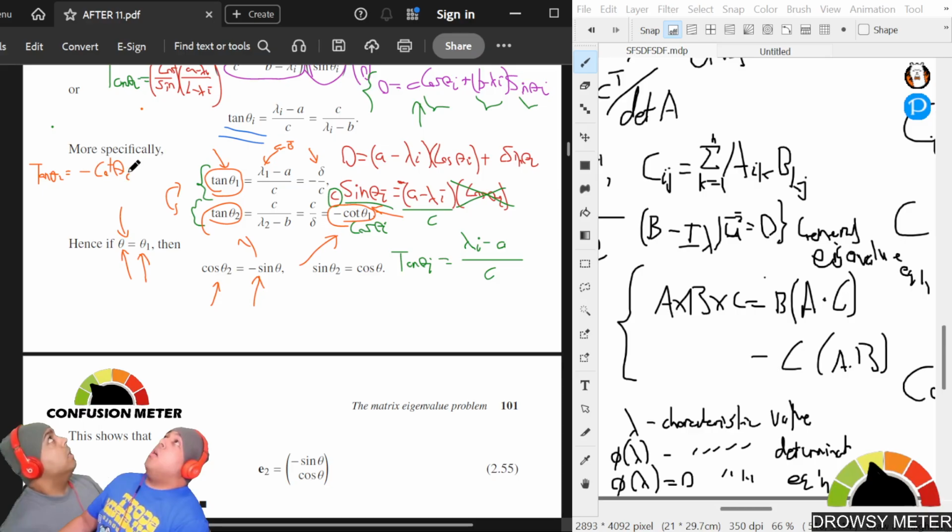What does this mean? This means sine theta 2 and cos theta 2 equal minus cos theta 1 and sine theta 1.